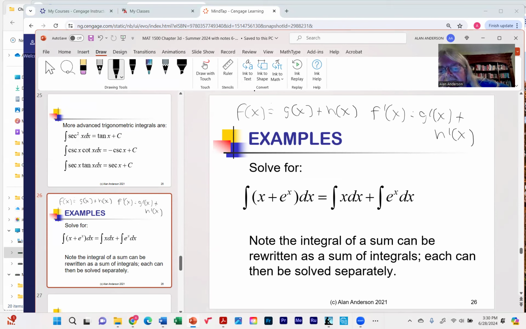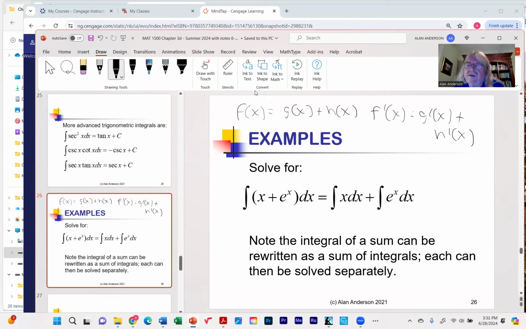We can break up this expression into the sum of two different integrals. Okay, so why are we doing it? Well, sometimes it makes it easier to see what rules we should be using. Rather than having one huge messy expression, we can break it up into simpler expressions and evaluate them individually.